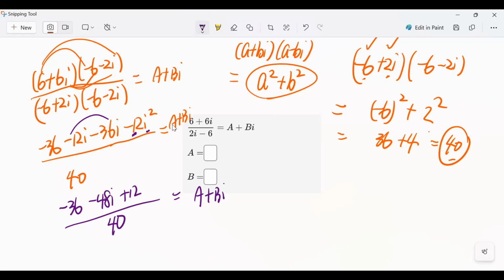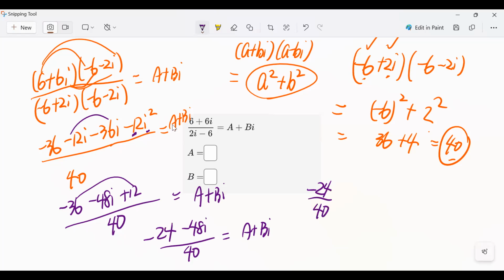Then combine one more time: -36 plus 12 is -24, minus 48i over 40. Now reduce it. Let's do it slowly: -24 over 40, and -48 over 40.